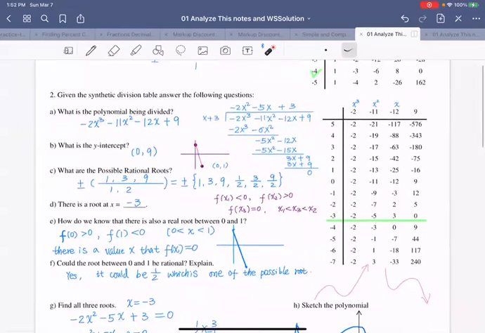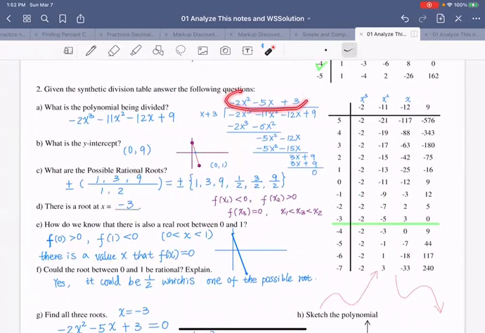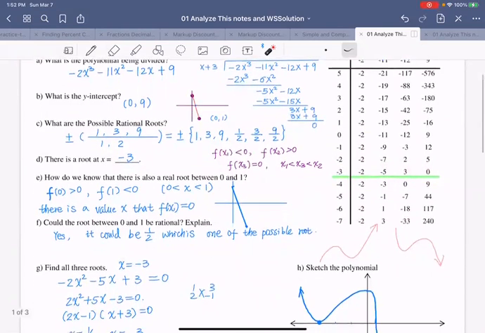Now, we already used the long division. We know that this divided by this is here. Or we can tell from this synthetic division table. So if you want to look for the other 2 roots, then you need to solve this one.